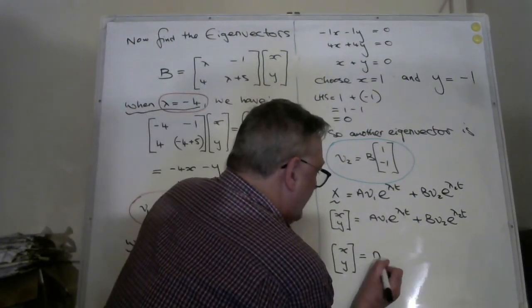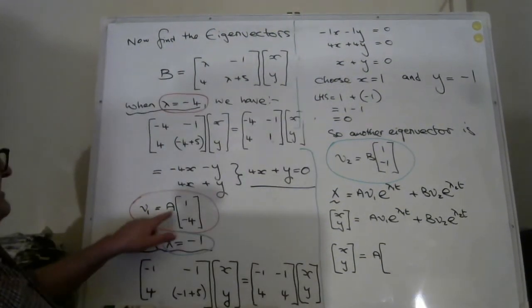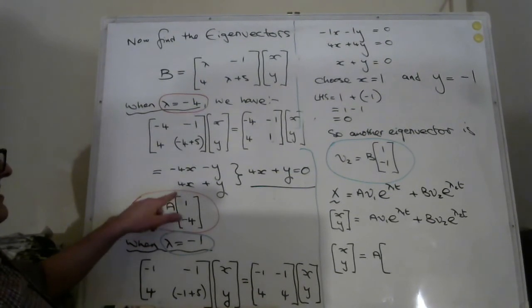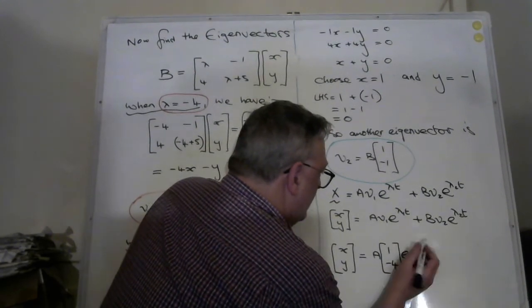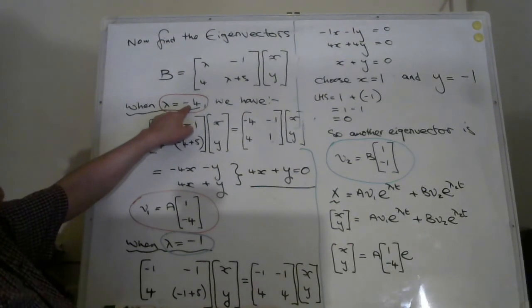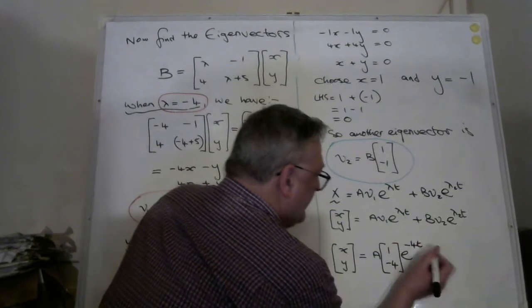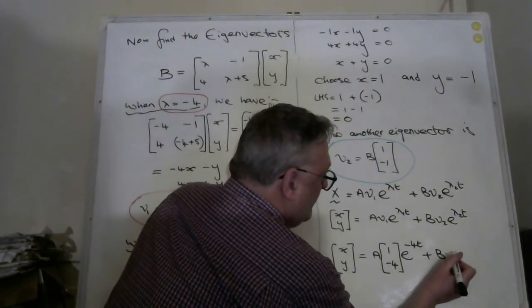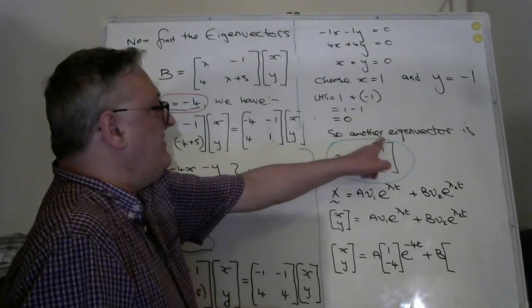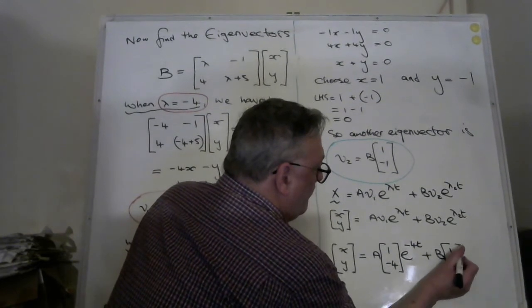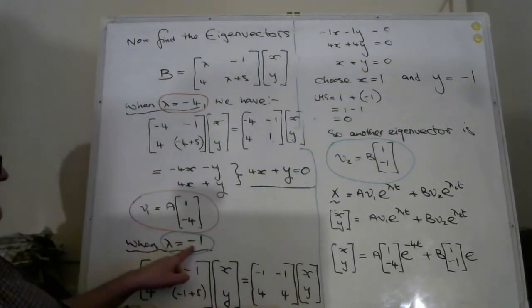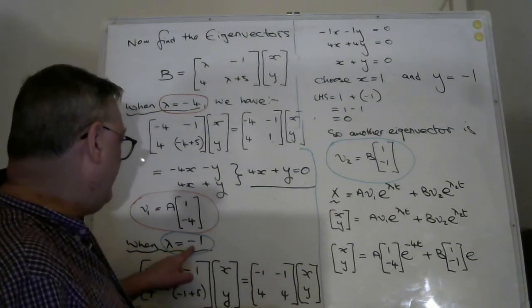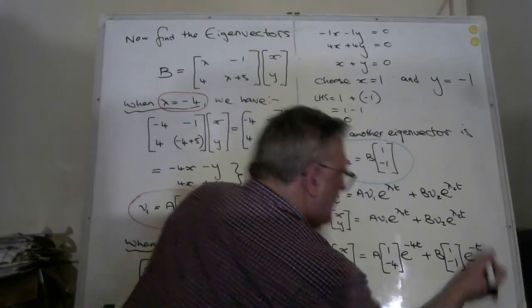So we've got a times, well, our first eigenvector was 1 and minus 4, so 1 and minus 4 in the column part of the matrices, e to the power, well, we know that lambda is minus 4, so it's minus 4t, plus b times this column vector here, which is 1 and minus 1, times e to the power of lambda equals minus 1 there. And that is your solution.